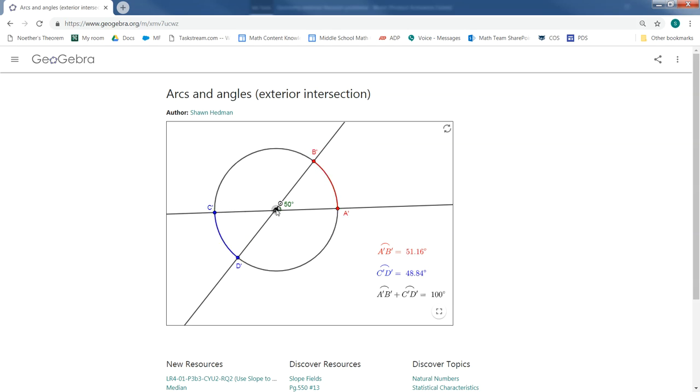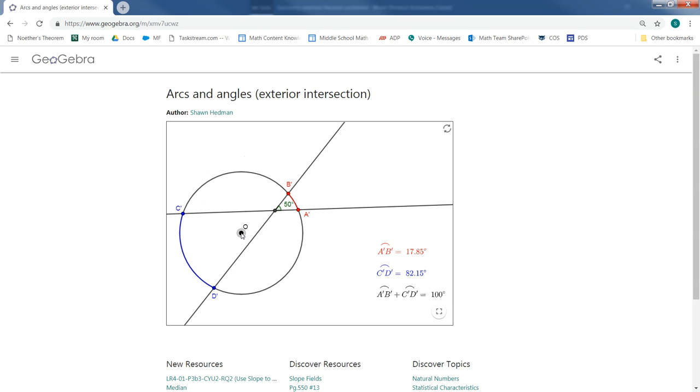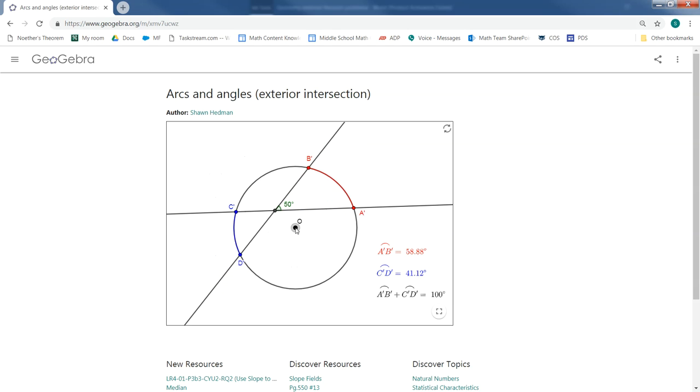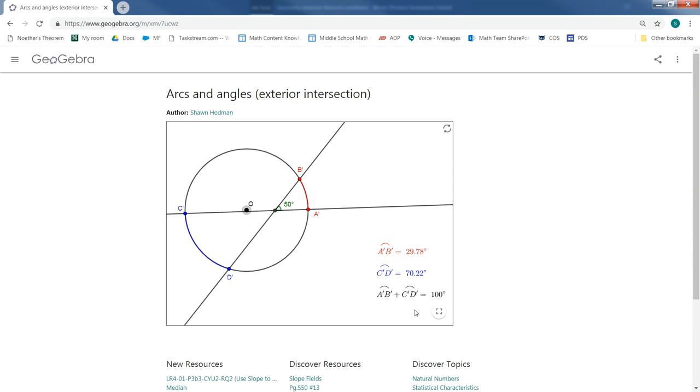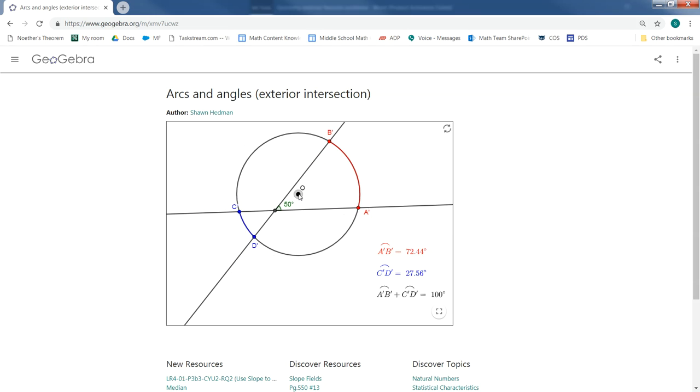As one gets bigger, the other gets smaller, but either one could be the larger or the smaller. And again, something is remaining constant. And in this case, it's the sum of the two arcs. So as I move this around, what arc C prime, D prime loses, A prime, B prime gains as I move in that direction, and vice versa.